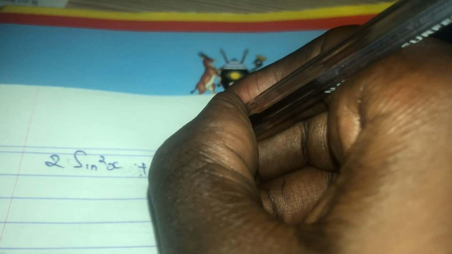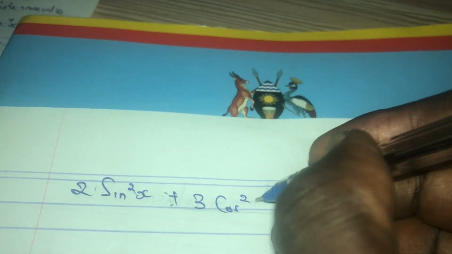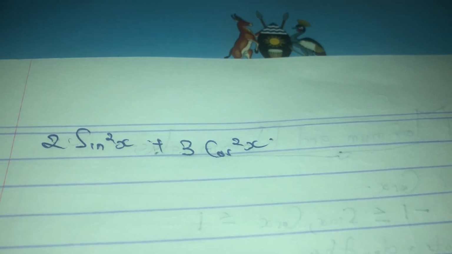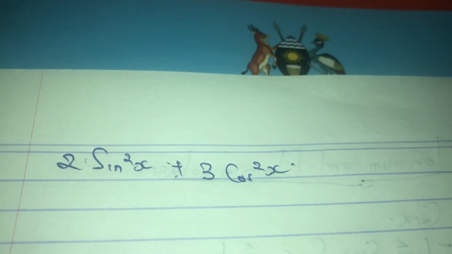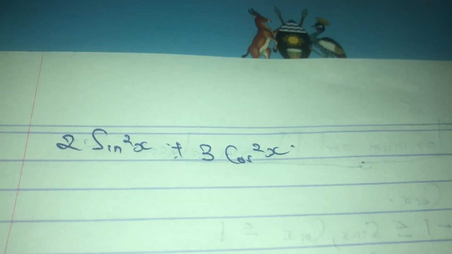So now what if we're given both sine and cos? An example at this point, we have 2 sine squared x plus 3 cos squared x. Are we together? And they want us to find the maximum and the minimum value. So what you have to first do is to actually change these to be either sine or cos.